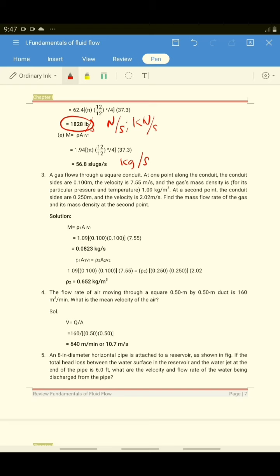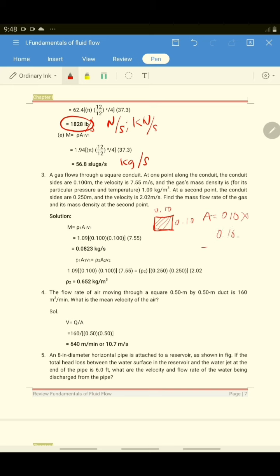For number 3, okay, a gas flows through a square conduit. So you have here a square conduit, and the area of flow is just equal to the area of the square. So the side is 0.1, this is the side of the square, so the area is just equal to 0.1 times 0.1.